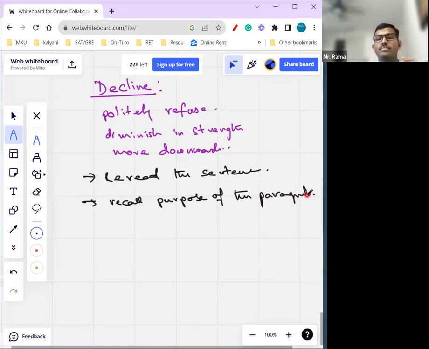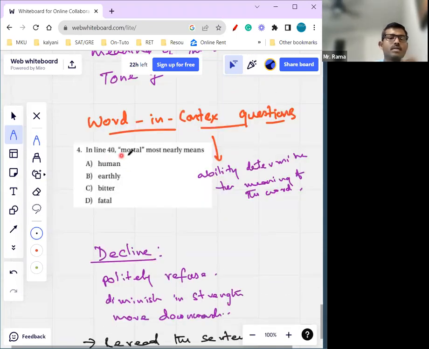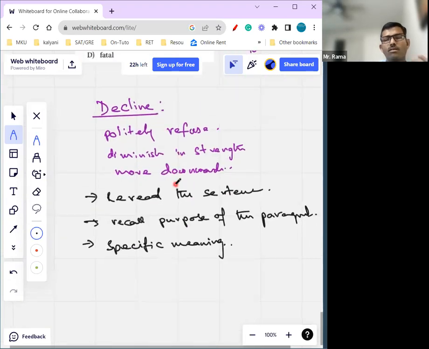And what is the specific meaning of that sentence, basically? Then you look at the specific meaning. So I'll repeat it. If you have a question like, in line 40, what does the word mean, these types of questions are always based on the context.